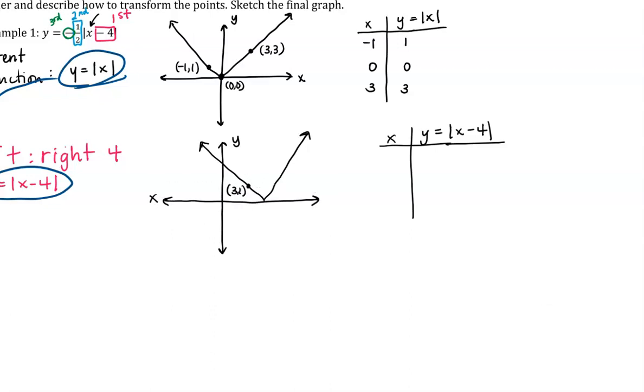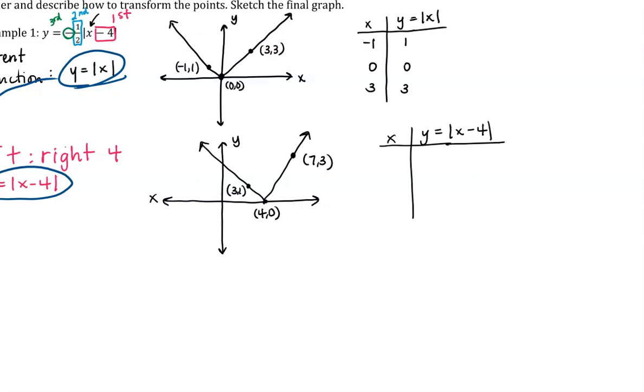Instead of being at 0, 0, we are now at 4, 0. I'm adding 4 to all my x coordinates. And instead of being at 3, 7, sorry, 3, 7, we are now at 7, 3. All these points are moving right 4.